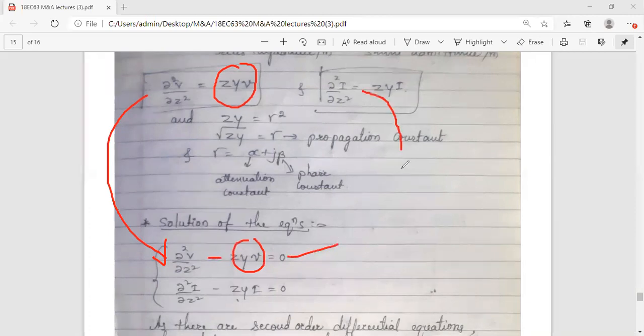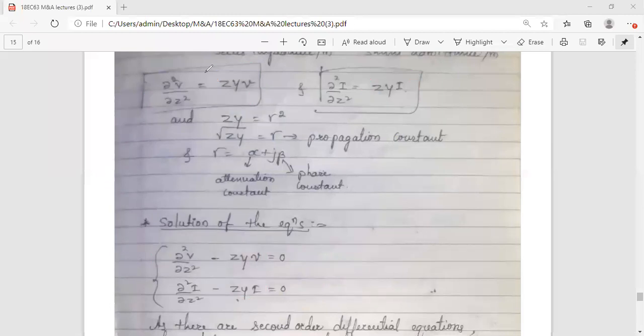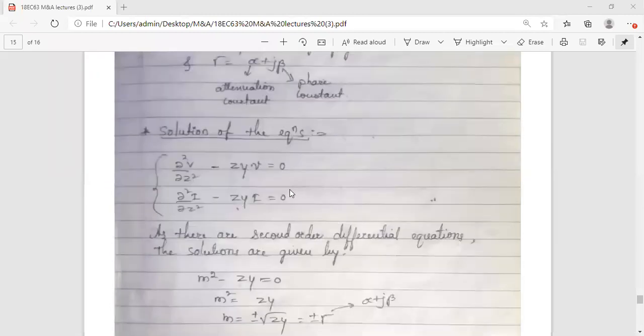Similarly, for the current differential equation, d²I/dz², whatever RHS term you have, let us take it to the LHS: minus zyI equals 0. So we get a pair of homogeneous equations after taking the RHS term to the LHS. This is the first step.